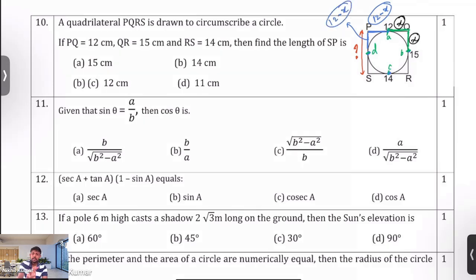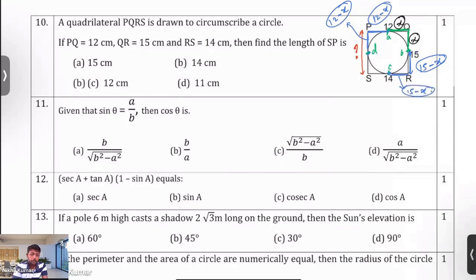See, I'm getting sides because PS is what I have to find out, so I'll have to eventually go there. Alright, what is this part? Tell me. What is BR? It's 15 minus x. If BR is 15 minus x, CR is also 15 minus x.